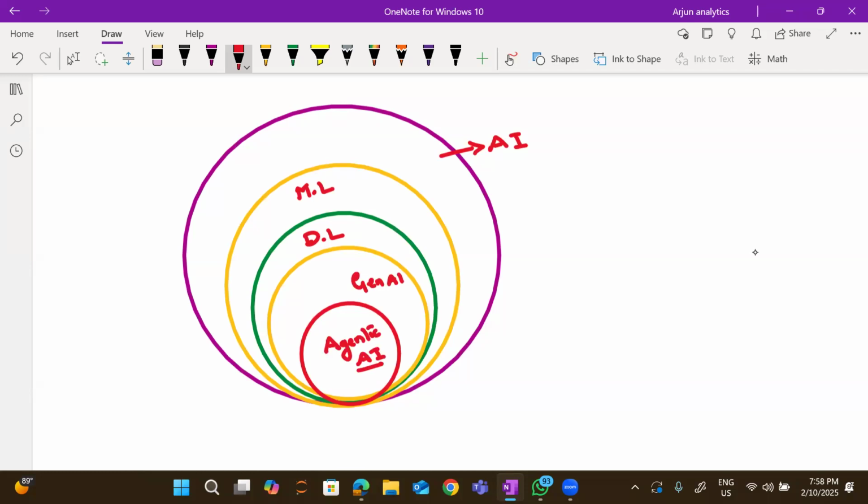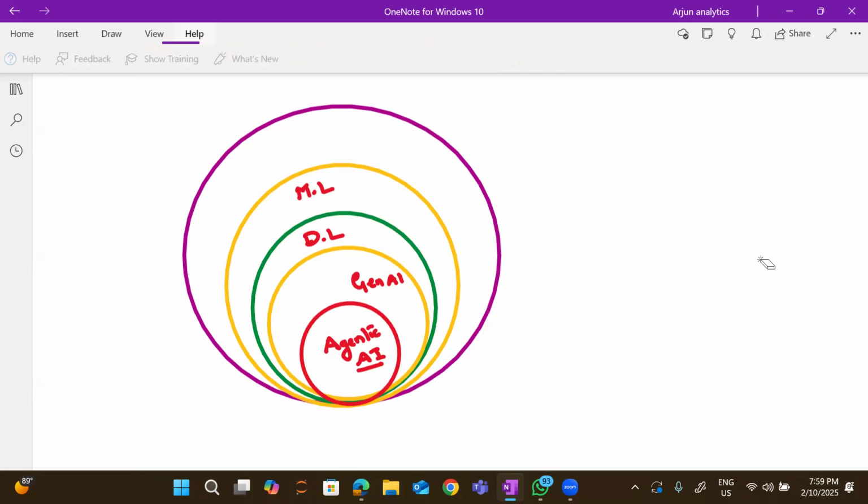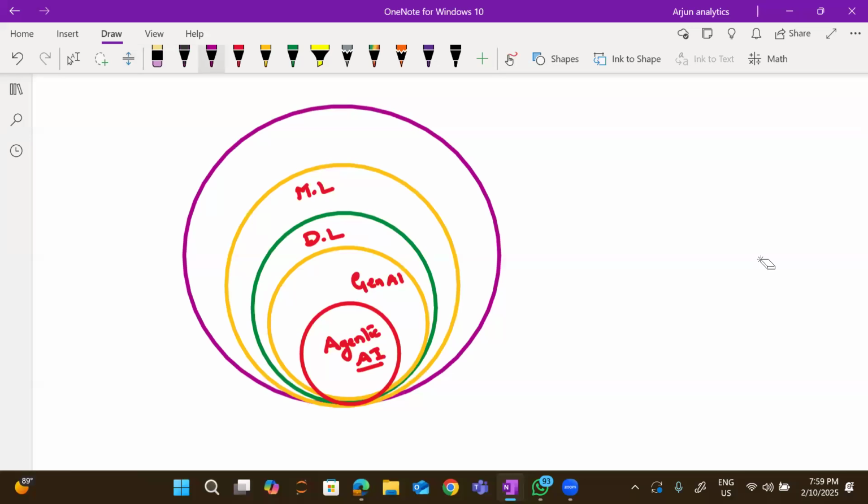Now these all are interconnected. Now where is your data science? This is my AI.